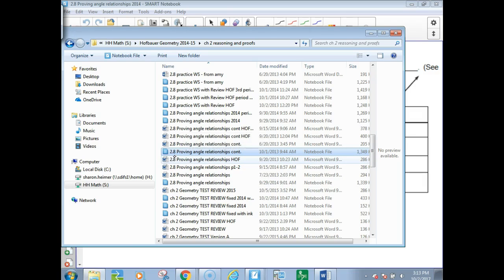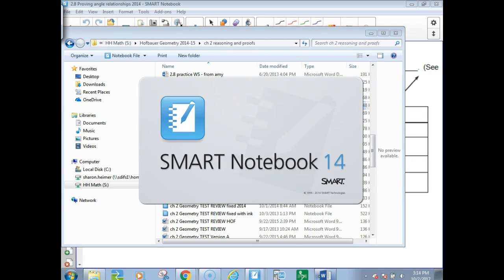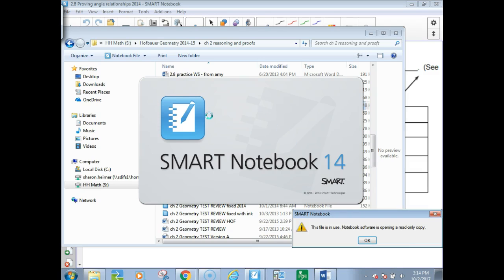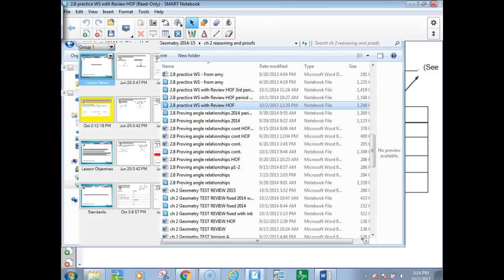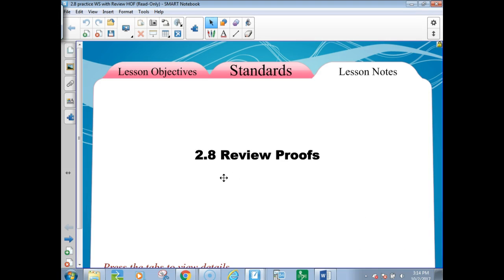After the notes we did on Wednesday, doesn't it say practice on 2.8 proofs and review? Pretty big, actually. I did not plan on doing all of the problems there, but I wanted to help you with some of it.